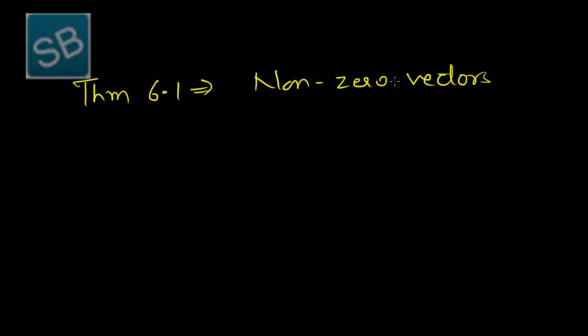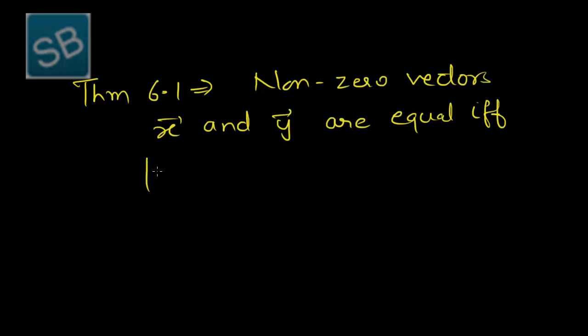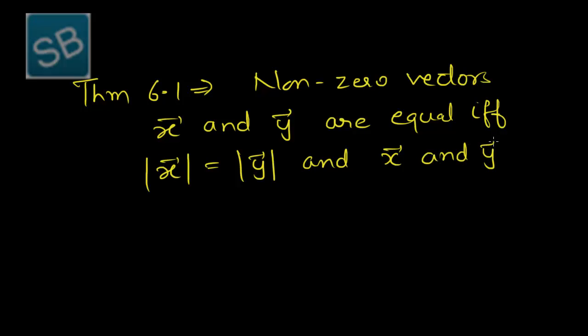Now we are going to state theorems which are accepted without proof. So theorem 6.1: non-zero vector x and vector y are equal if and only if modulus value of vector x and modulus value of vector y are equal and vector x and vector y have the same direction.